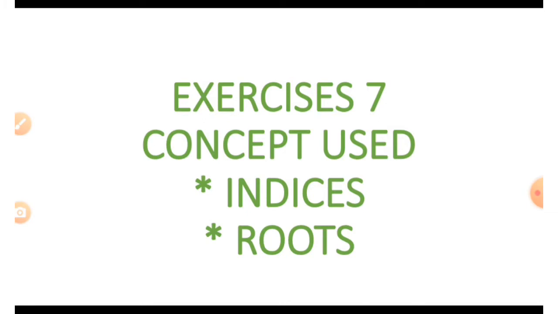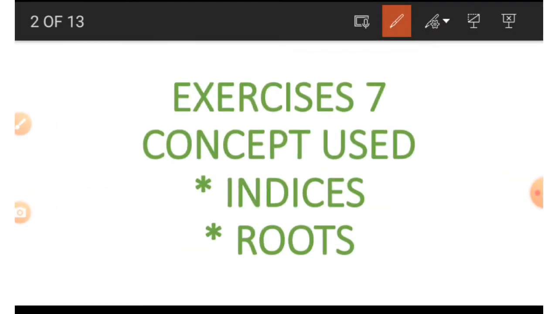The concept used in exercise 7 is indices and roots. First, we are going to look at the indices. We want to see what indices are. It is good to note that indices are numbers that have powers, or numbers that have an index.